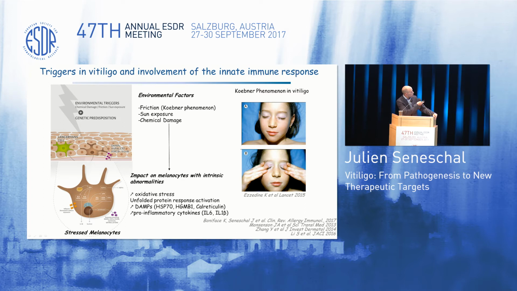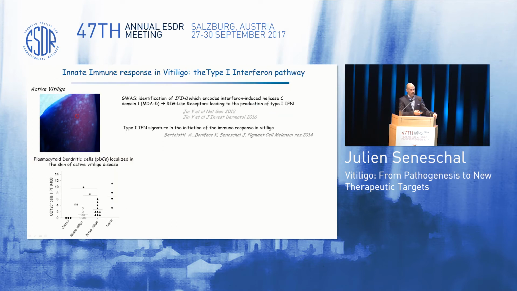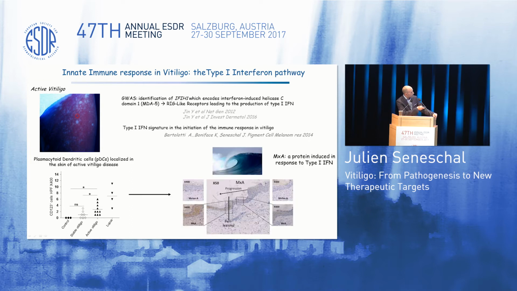A few years ago, we identified, in patients with a progressive disease, infiltration of cells called plasmacytoid dendritic cells in patients with active disease. These cells are able to produce a large amount of type 1 interferon. Here you can clearly find expression in the epidermis of a protein called MxA, which is induced in response to type 1 interferon.